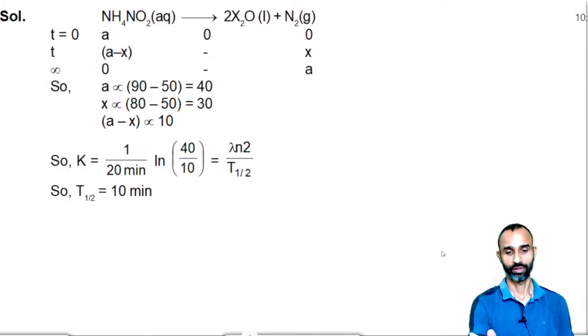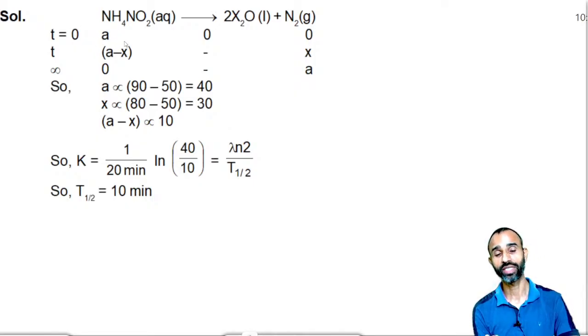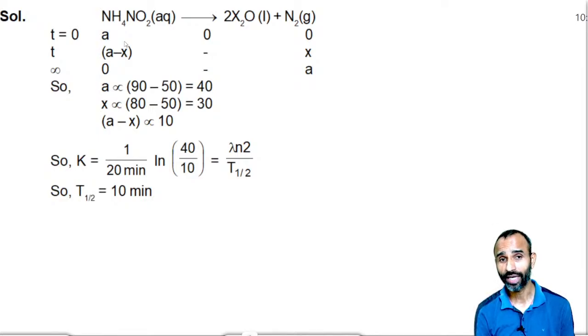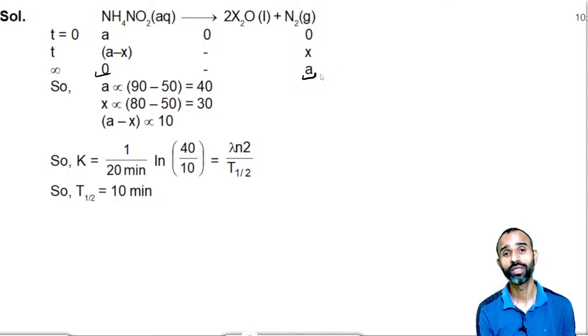8. See, at time 0, initial constant, take it as a. After time t, let us say it is a minus x, and after infinite time it is 0, and the concentration of nitrogen gas becomes a.